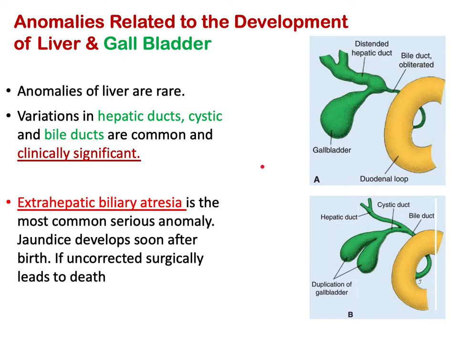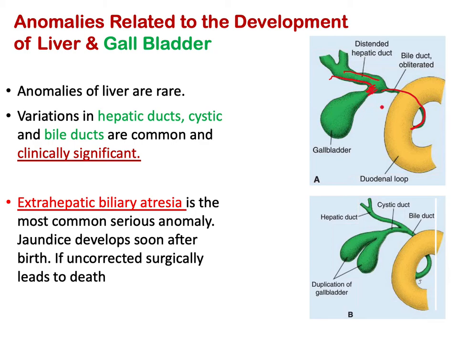Now shift away from the esophagus, stomach, and duodenum. Let us shift to the liver and biliary system, in which anomalies in the liver are rare. Sometimes you get variations in the hepatic duct, like a distended one, sometimes in the bile duct, stenosis or obliteration because it should be recanalized, like the esophagus and duodenum, and sometimes in the cystic duct.